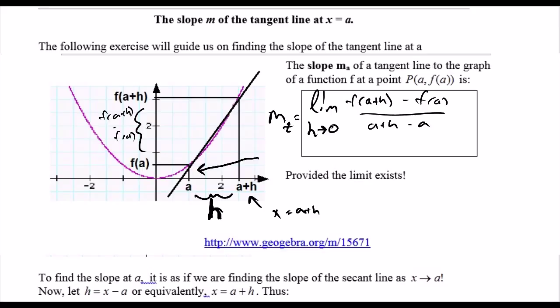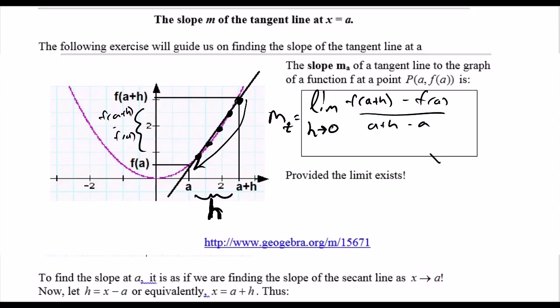So the slope of our tangent line is equal to our secant line as it approaches that point. That's why we have a limit. As our point approaches a, the limit of our slope will approach the tangent line. That means this limit here is going to be the slope of our tangent line.